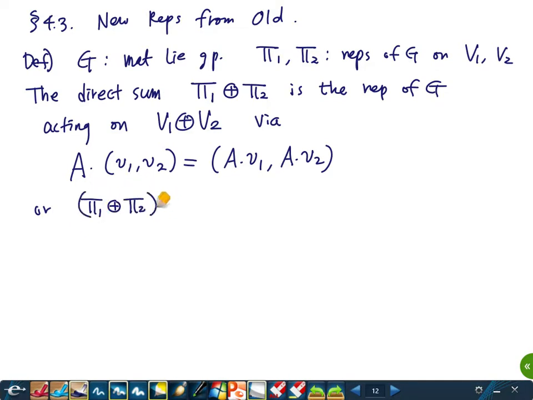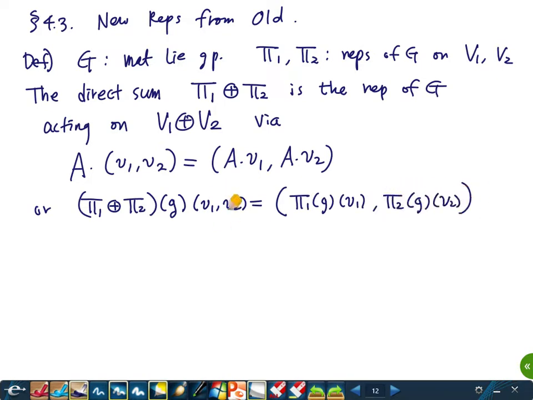Because this is a map, we have to define what this is. This is (pi_1 direct sum pi_2)(A)(v_1, v_2) equals (pi_1(A)v_1, pi_2(A)v_2).